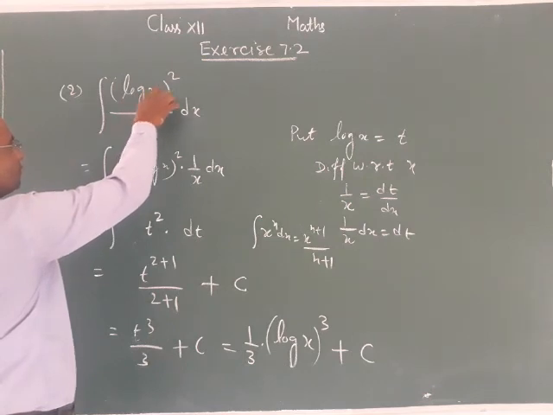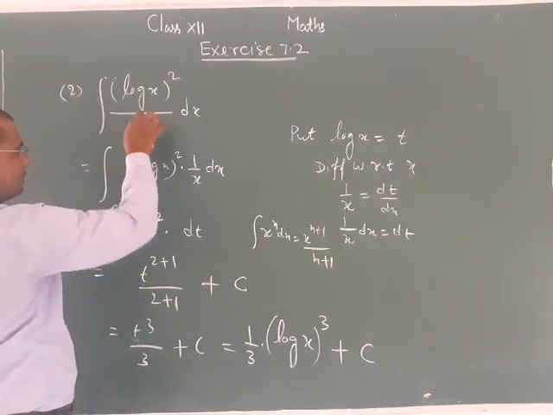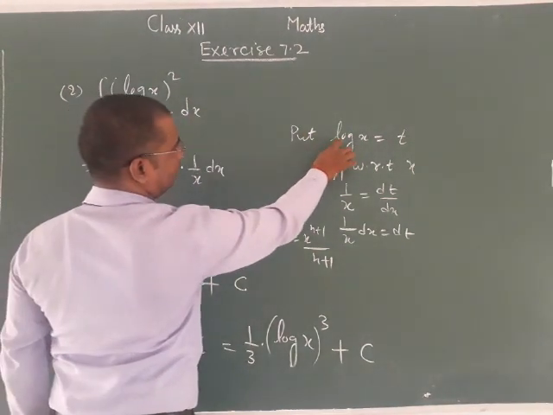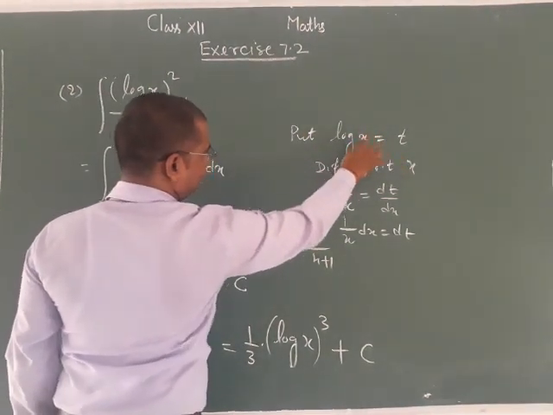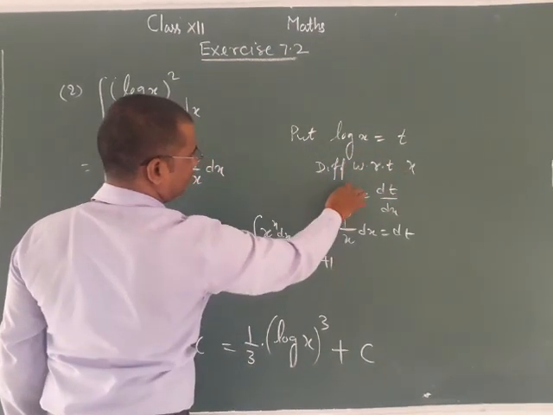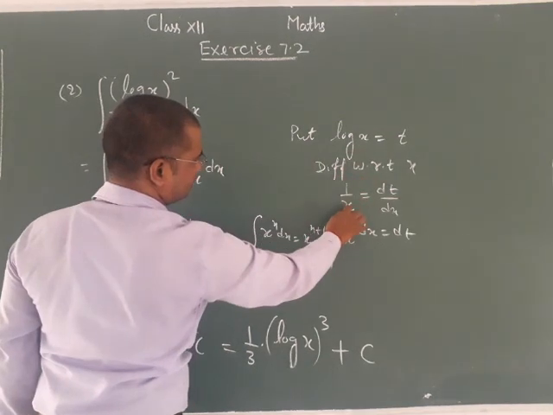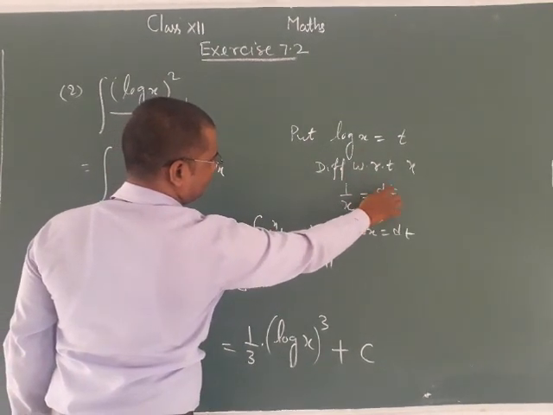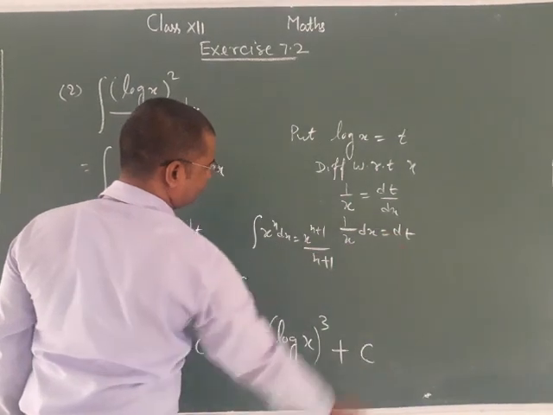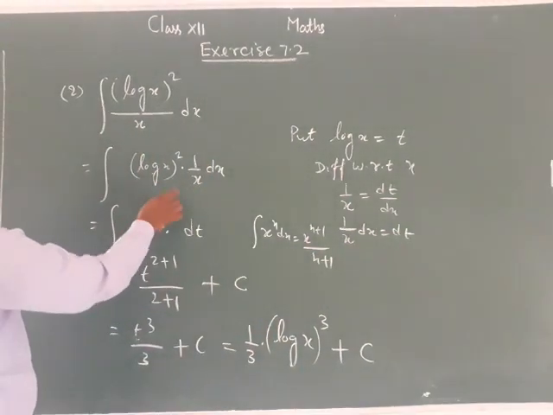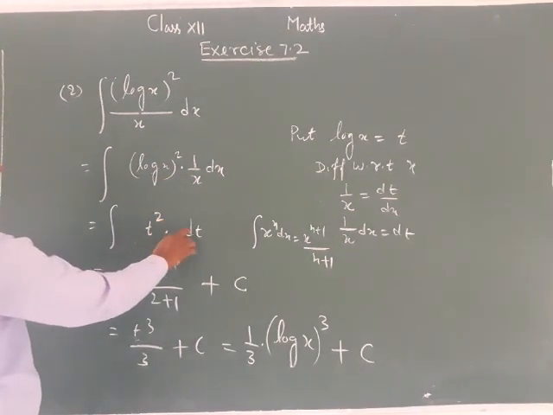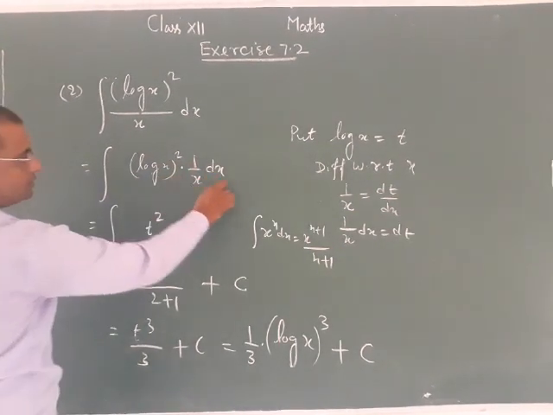By substitution, let log x be equal to t. Differentiating with respect to x, 1 upon x is equal to dt upon dx. We can write 1 upon x dx is equal to dt. So now put here, log x is t, square, and dt is 1 upon x dx.